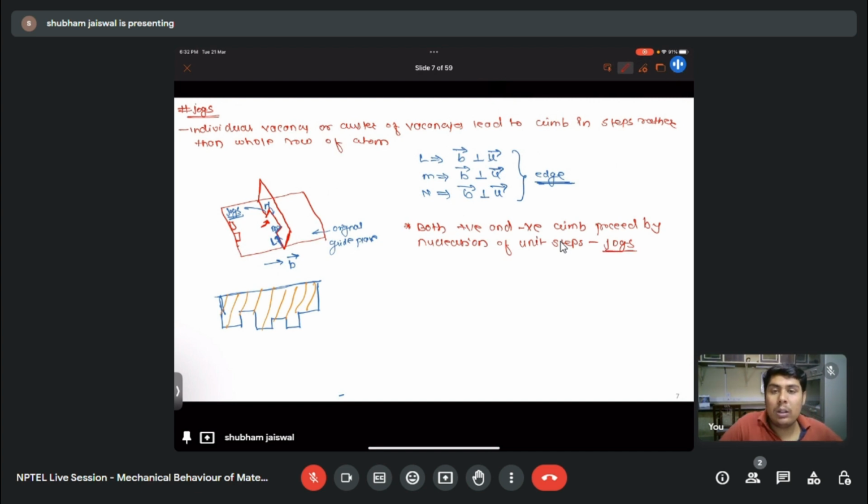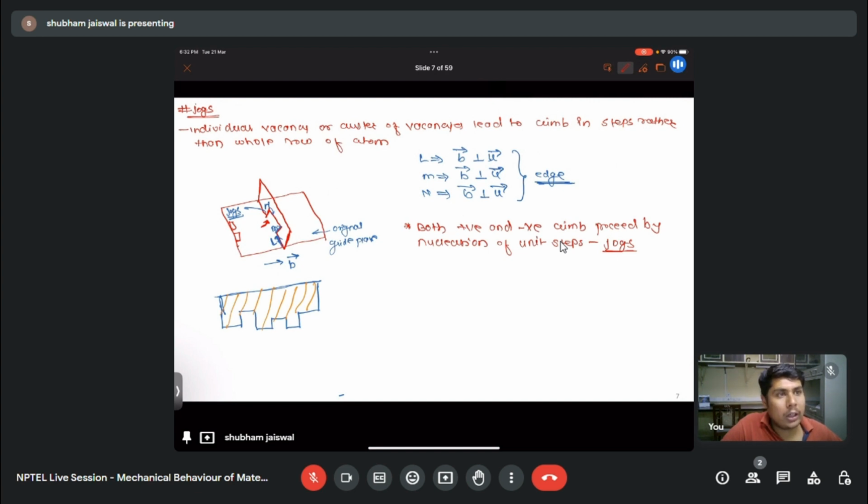So this is how the dislocation moves out of the plane. For a screw dislocation to move out of the plane, the mechanism is known as cross slip. And for an edge dislocation to move out of the plane, the mechanism is known as climb. When the dislocation glide takes place in the form of steps, those steps are kinks. And when the climb takes place in the form of steps, these steps are known as jogs.